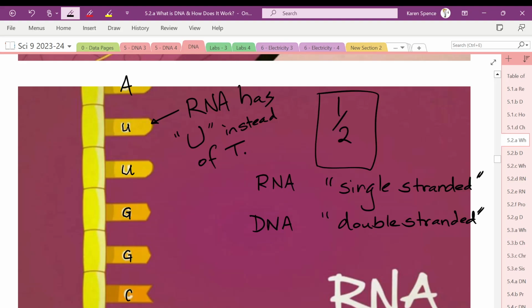There are some other differences between RNA and DNA. RNA is short, DNA is long. Yes?